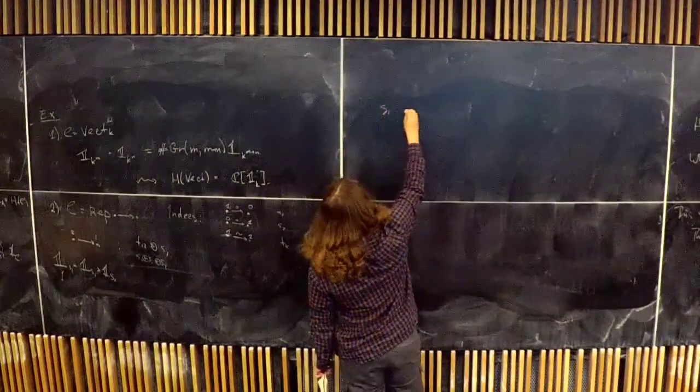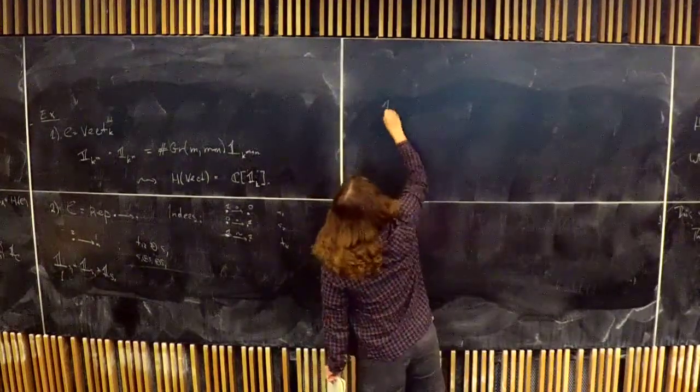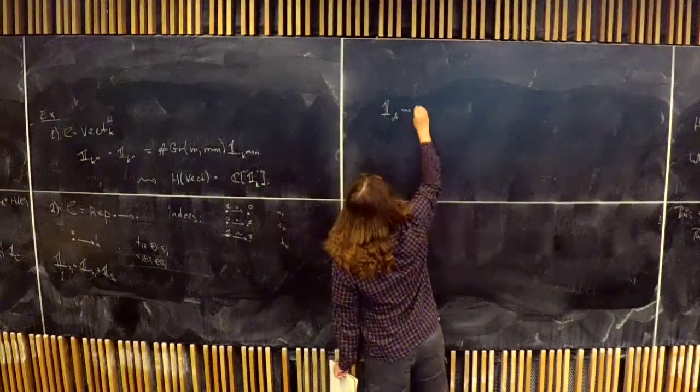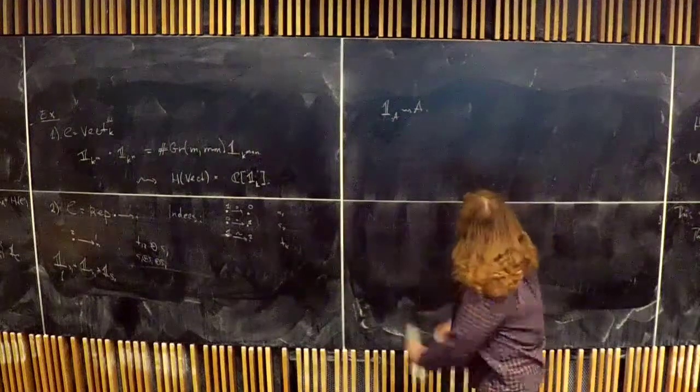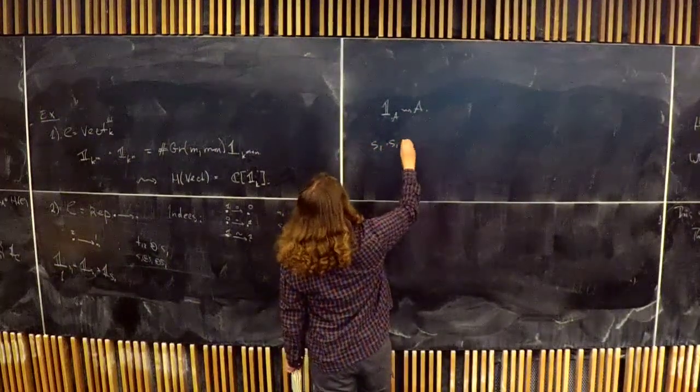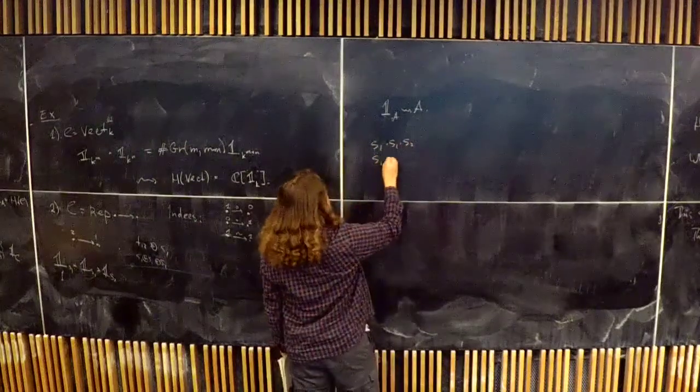Let me abuse the notation a little bit, and instead of 1 of something or some object, write just this object. I hope it's not very problematic. So I can write down those 3 things.